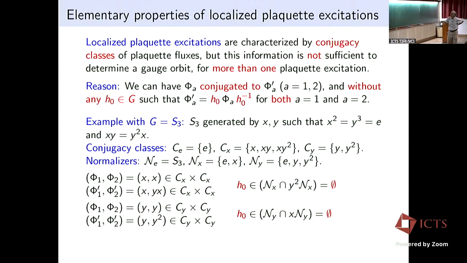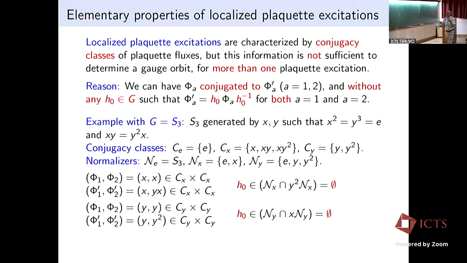What's going to play an important role are the normalizers of these generators. The normalizer is the set of elements that commute with a given element. So everybody commutes with the neutral element. So the normalizer of E is S3, the normalizer of X is {E, X}, and the normalizer of Y is {E, Y, Y squared}.